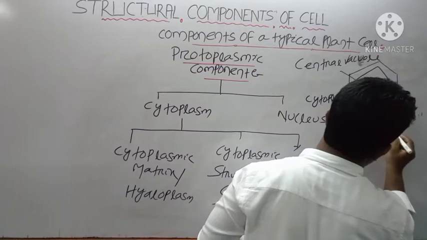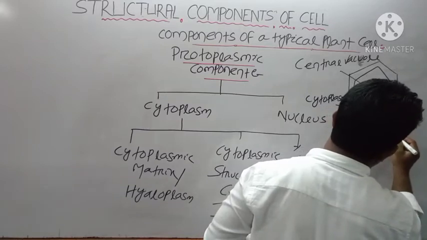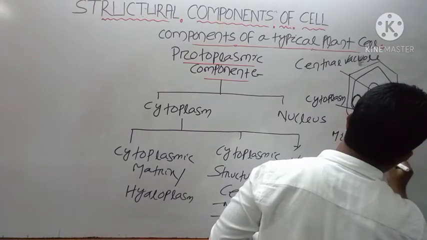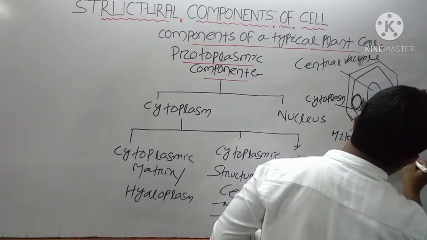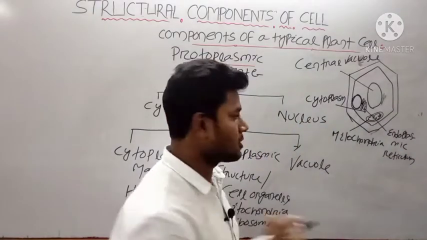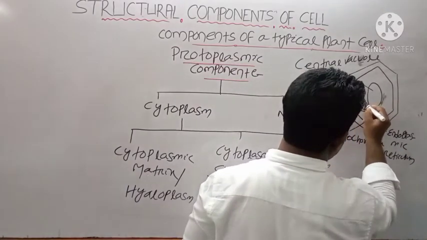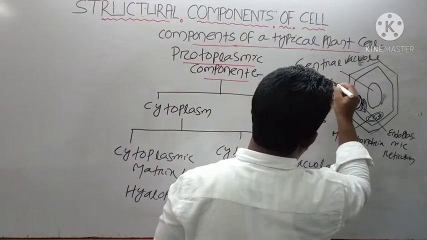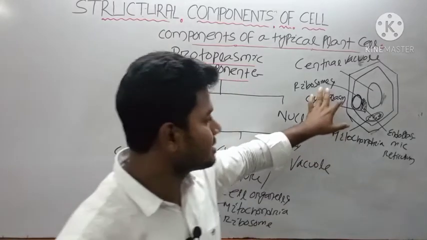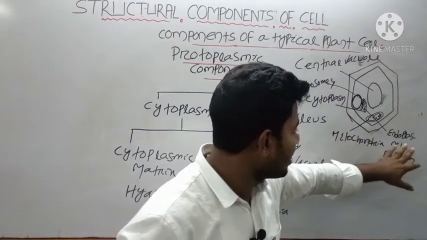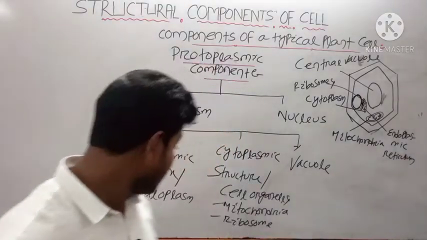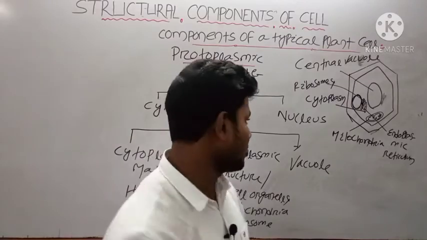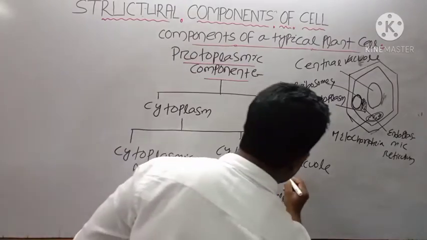Then these are known as endoplasmic reticulum, and there are small ribosomes on the endoplasmic reticulum. These ribosomes, mitochondria, and endoplasmic reticulum are known as the cytoplasmic structure, or we call them cell organelles.